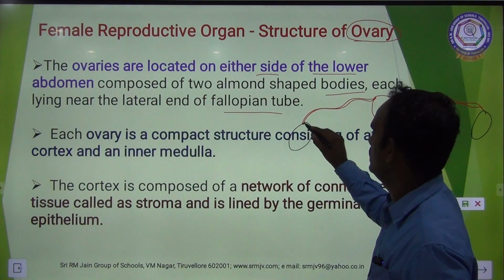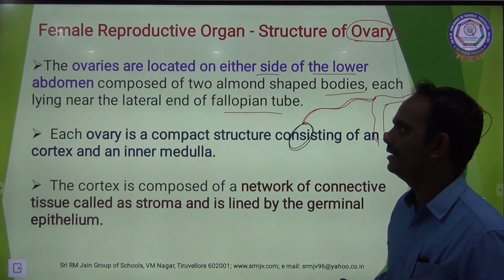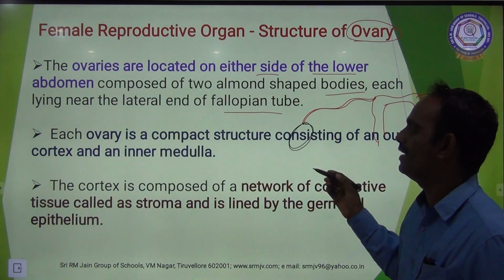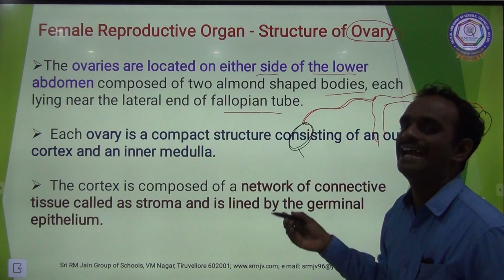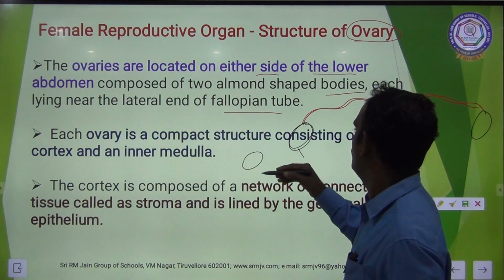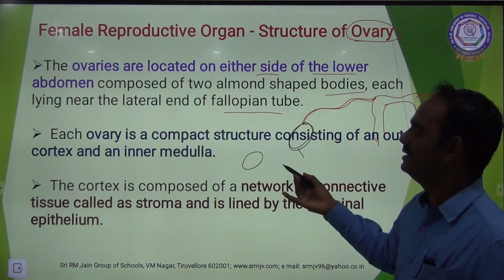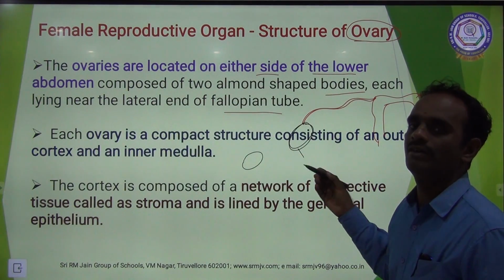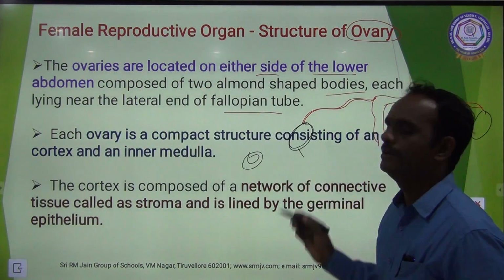The shape is said to be almond shape. Okay. So each ovary is a compact structure consisting of an outer cortex and inner medulla. The ovary is composed of two layers, that means a compact structure consisting of the outer part called cortex and the inner part called medulla.